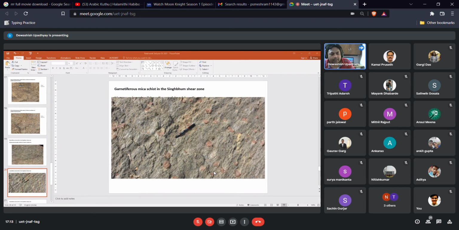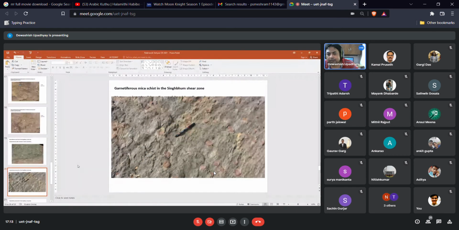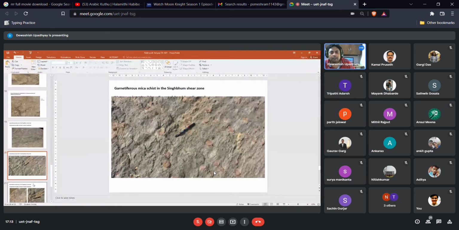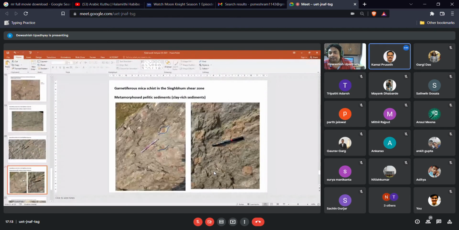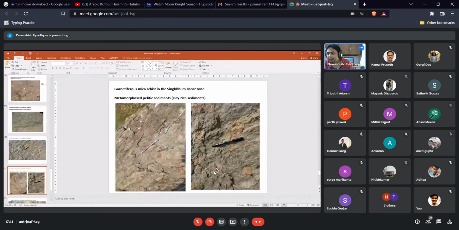Now, these garnets, I've tried to show it, but I don't know if you can see it. If you follow the traces of the foliation, the foliation here is roughly along the direction of the pen.